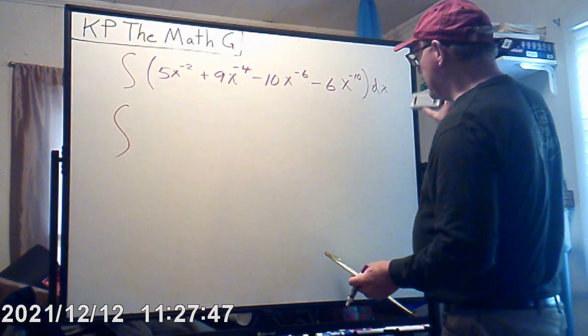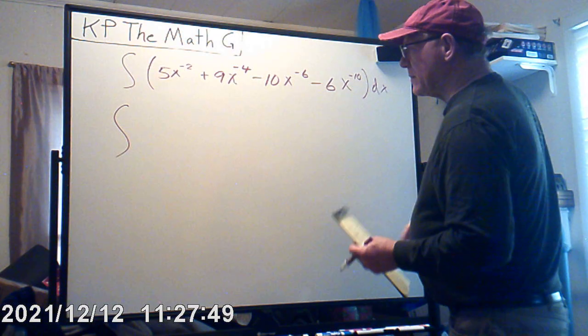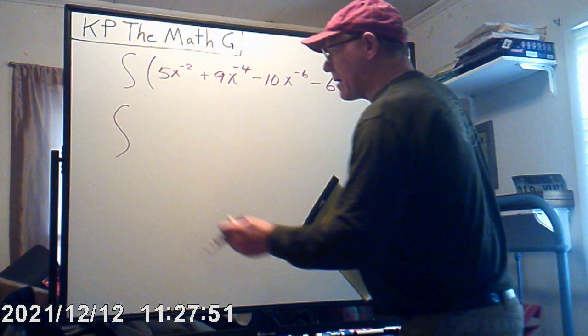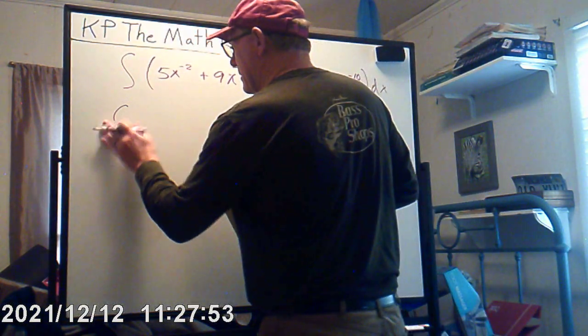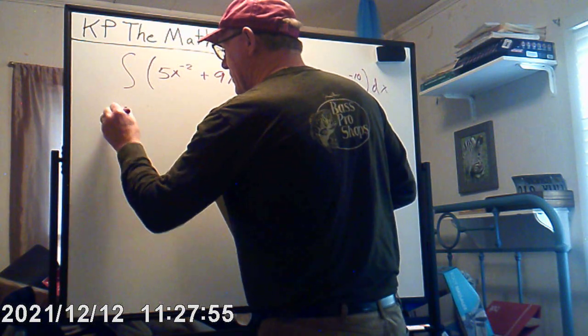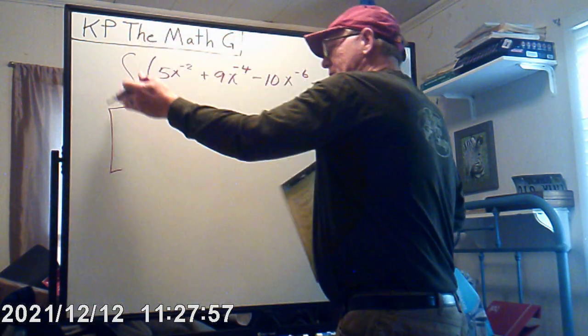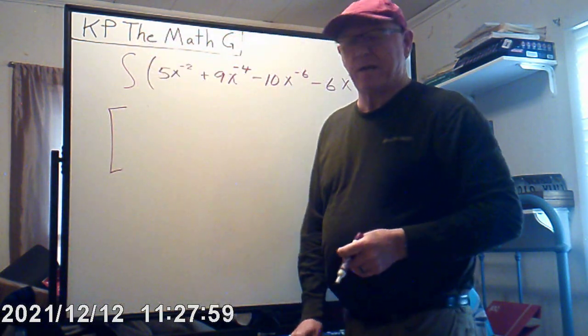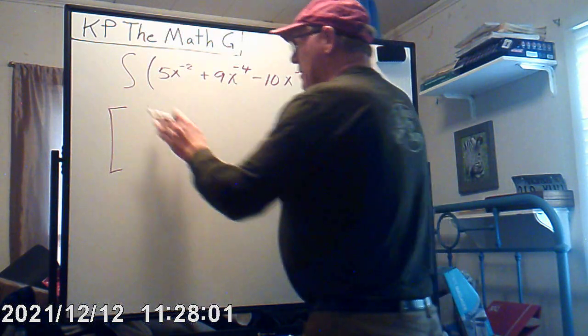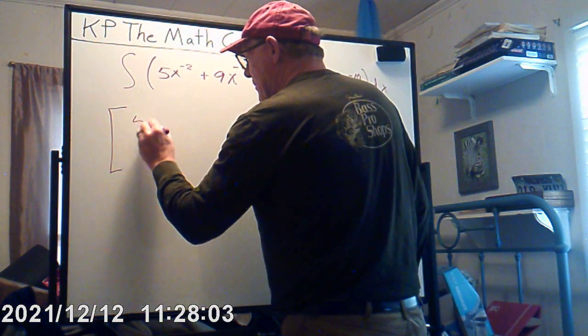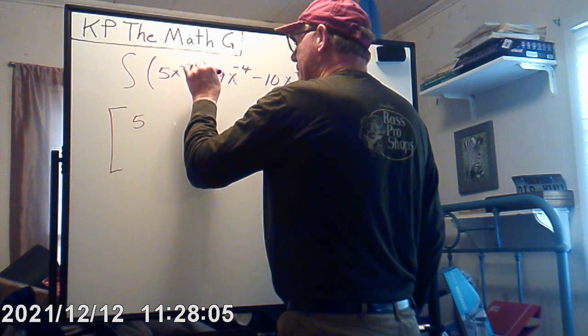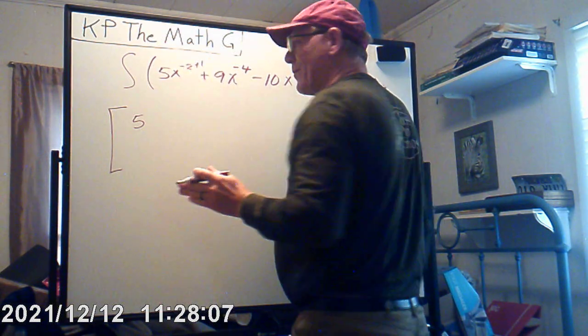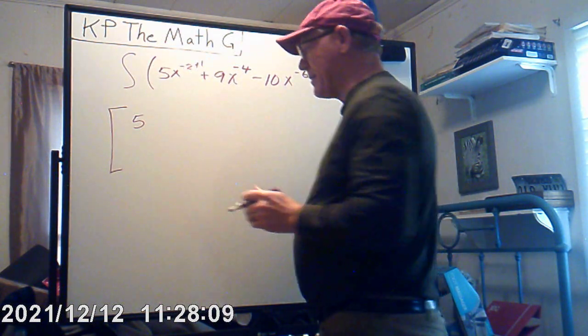Alright, here we go. Let's do this. I don't need that symbol. Once I'm doing the integral, I don't need this anymore. Don't carry that with you. Okay, so 5. Now add 1. When you add 1 to negative 2, it's not 3, it's negative 1, isn't it?